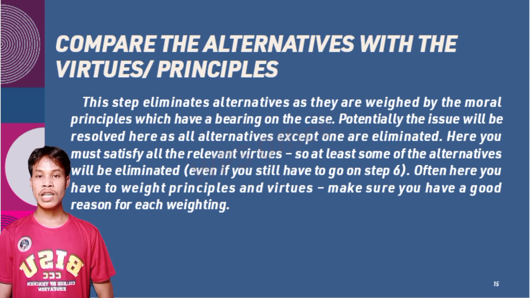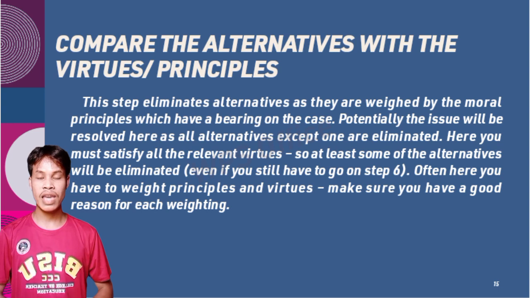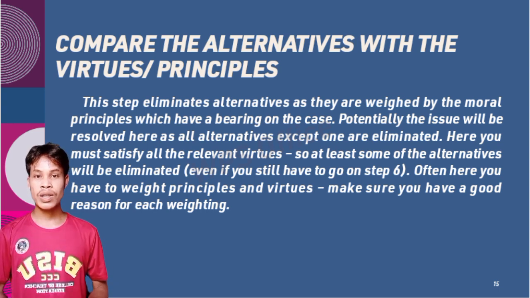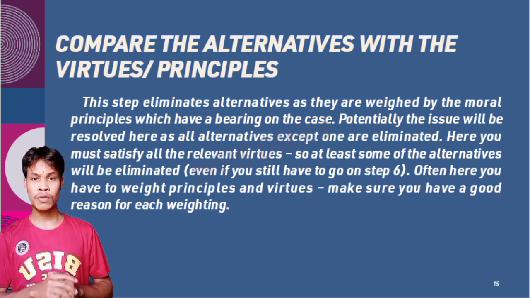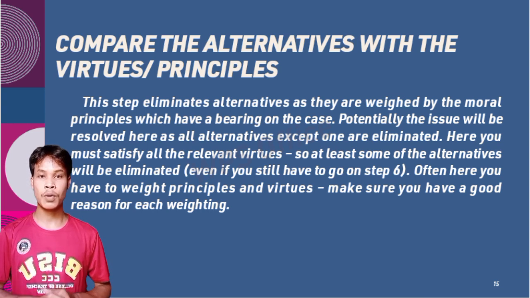Once these principles and virtues have been identified, the individual can evaluate each alternative course of action based on how well it aligns with them. For example, if honesty is a relevant principle, the individual would assess whether each alternative involves being truthful or not. This step also involves considering the potential conflict between different virtues or principles.